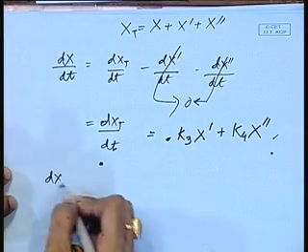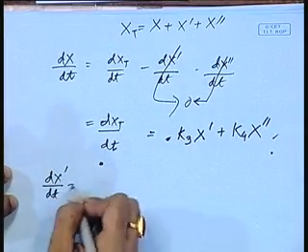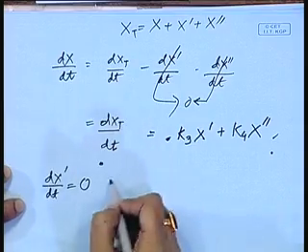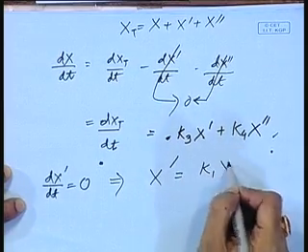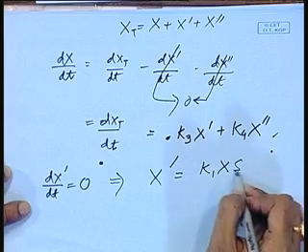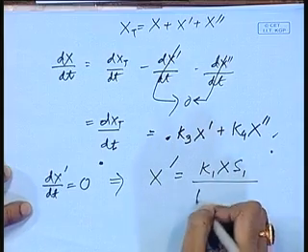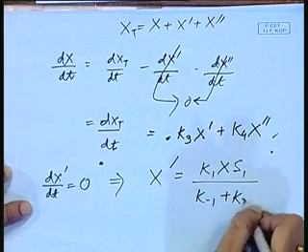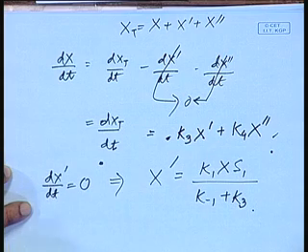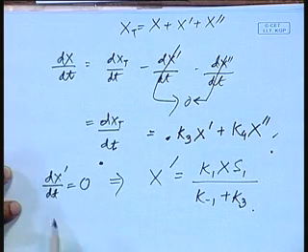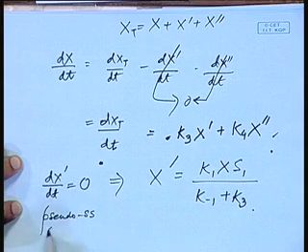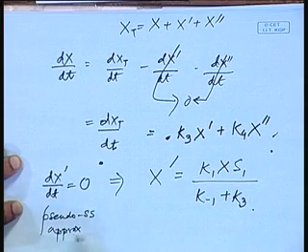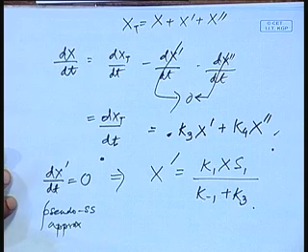Now dx prime dt equals 0. So x prime equals this. If you go back to your notes, this is the pseudo steady state approximation. This is what we meant.